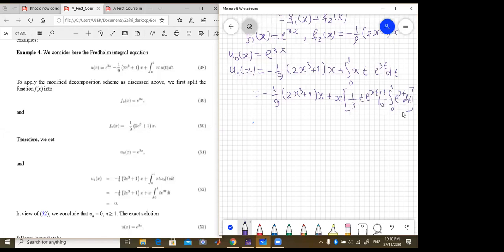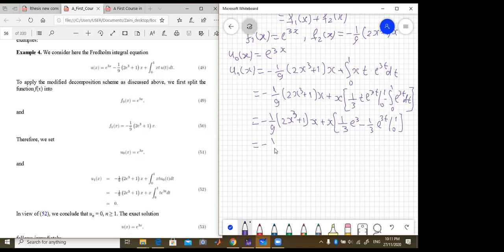Am I right? Let me compute, plus x. When I put t equal to 1, minus 0 is already 0. So I just have 1/3 e^3 minus 1/3 e^(3t) from 0 to 1.